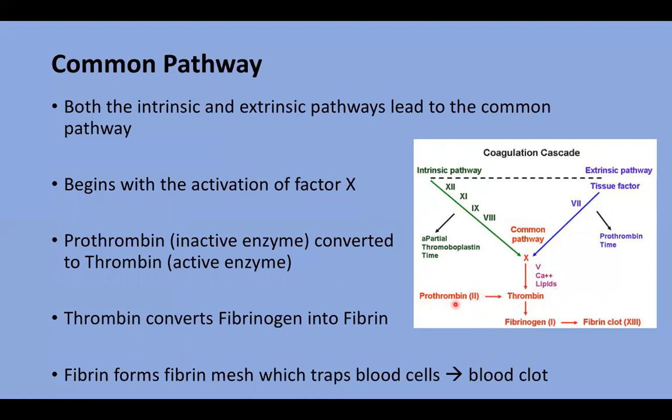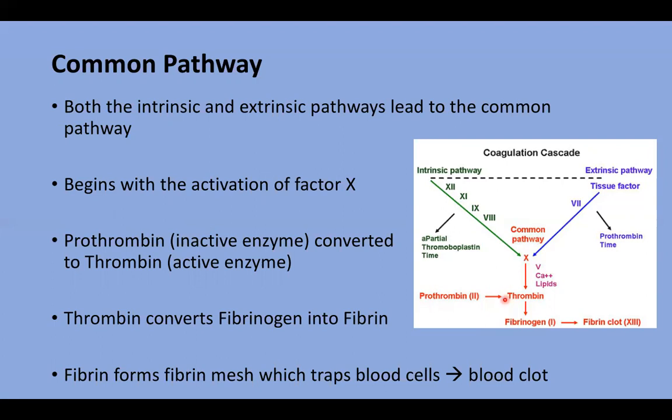Prothrombin basically means an early form of thrombin. So prothrombin is an inactive enzyme. Factor 10 is going to cause prothrombin to be converted from its inactive form into its active form, and it's going to become the active enzyme thrombin.